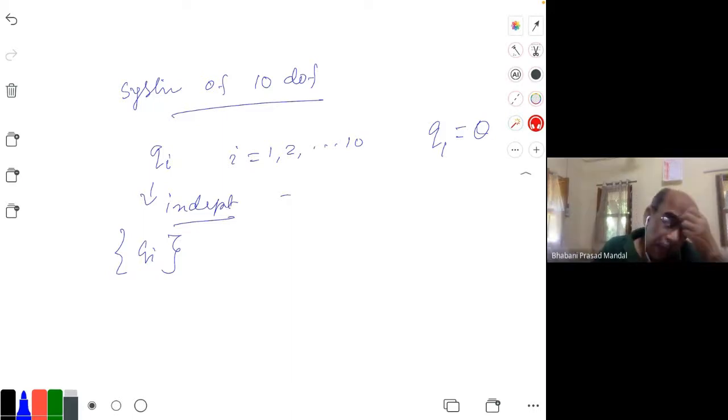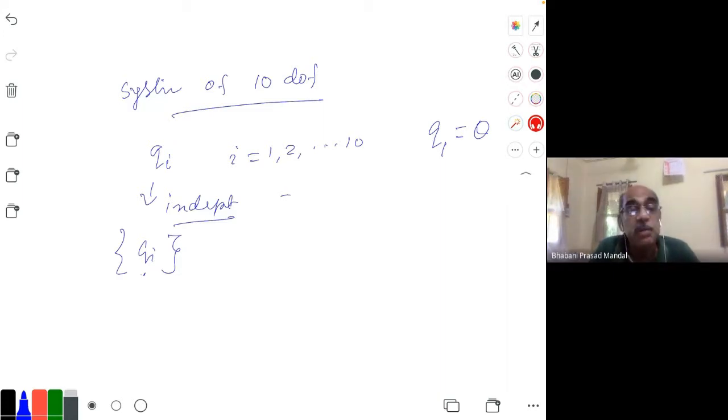It will be more clear with more examples, but for the time being, you note down that they are independent variables, because when we derive the equation of motion, we'll see that their independent character will be used. Okay, so generalized coordinate is clear.